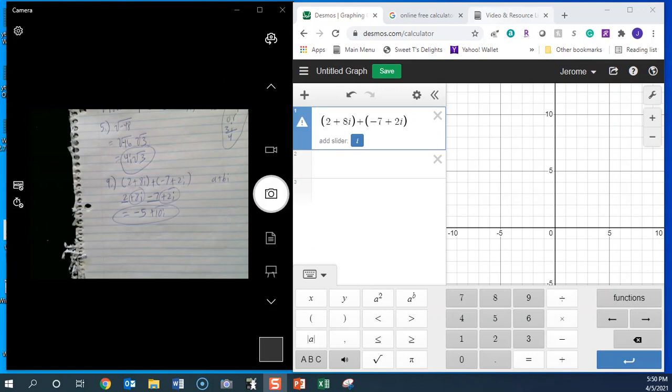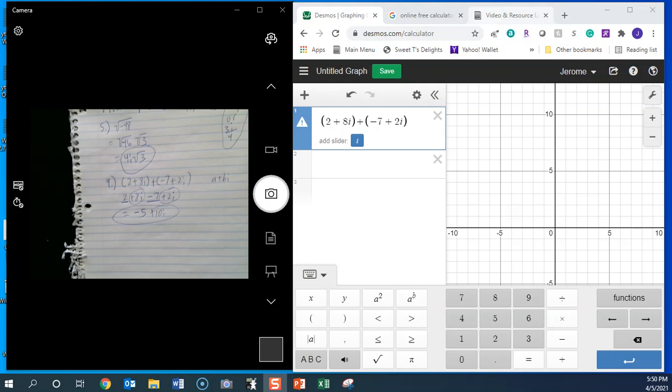Okay, class, I was trying to prove using Desmos that this actually works in a calculator. But what I just found out is that Desmos has a very complicated way of doing complex numbers. So I'm going to show you another calculator for the complex numbers or imaginary numbers only that you all can access.